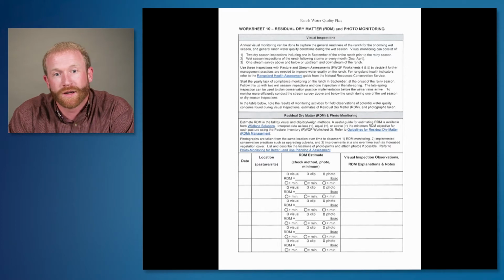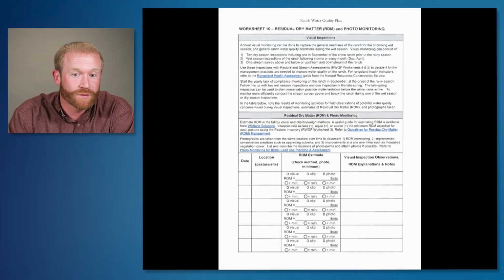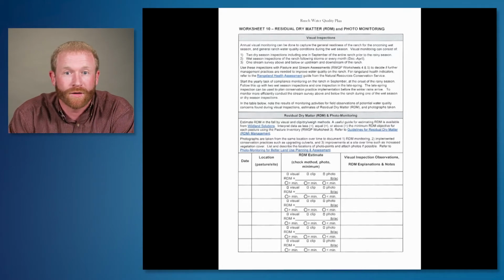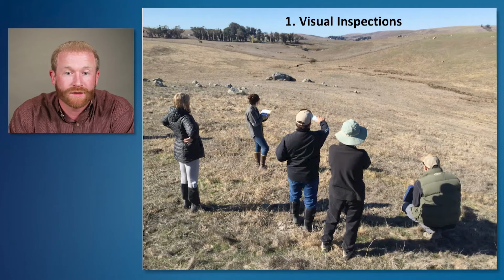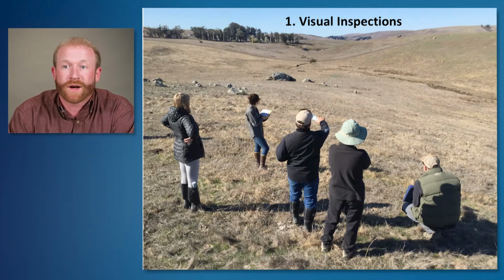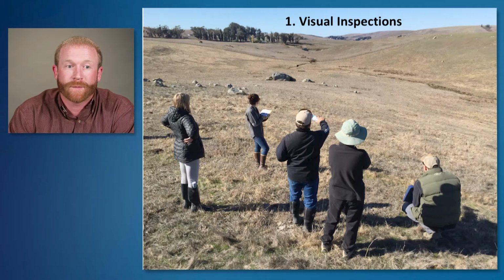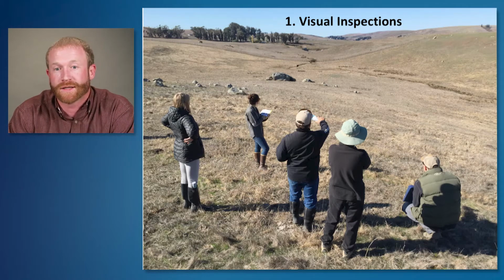So as you can see at the top, we have the visual inspections, residual dry matter, and photo monitoring. And really when you break that down, the visual inspections can be as simple as a ranch-wide inspection where you're talking about big general trends. Maybe you had a paddock that was split in half. So instead of the south pasture, now you have south pasture west and south pasture east.